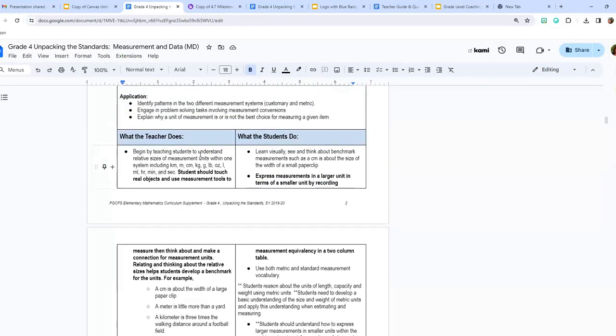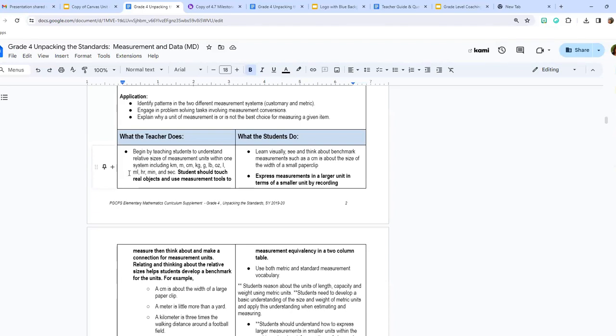Begin by teaching students to understand relative sizes of measurement units within one system, including kilometers, meters, that good old meter stick, centimeter, ruler, time to break it out, kilograms, grams, pounds, ounces, right?